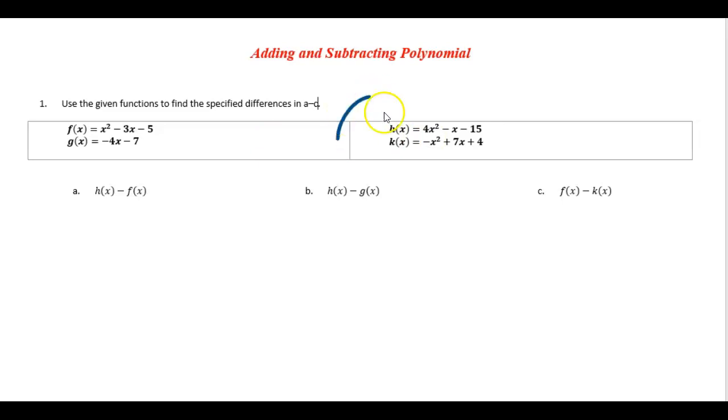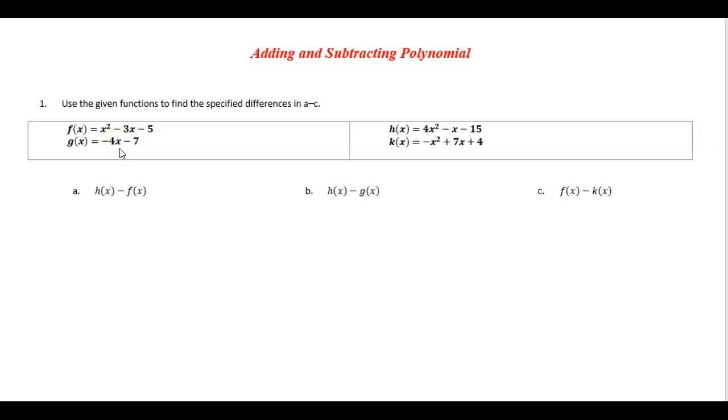The trinomials have the highest exponent of 2. So when your highest exponent is 2, that's a quadratic function, and g of x, which has a highest exponent of 1, is a linear function.